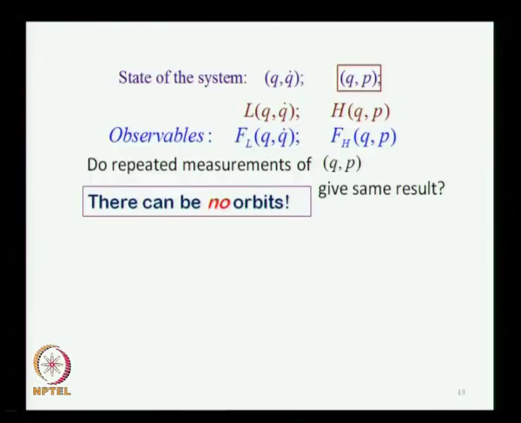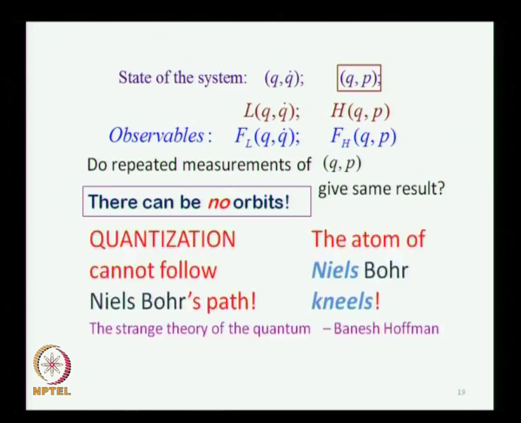There can be no orbits in quantum mechanics. So, any model of the hydrogen atom which is based on orbits really is not tenable. So, quantization cannot follow the path of Niels Bohr, and Banesh Hoffmann called it by saying that the atom of Niels Bohr is the atom of Bohr Niels. Okay, it does not work.